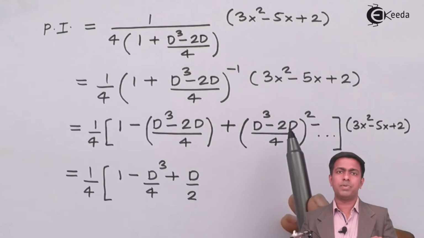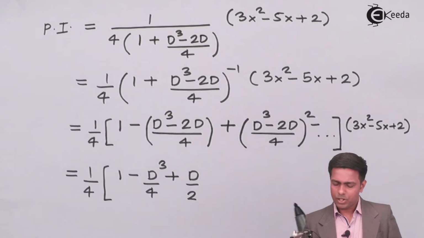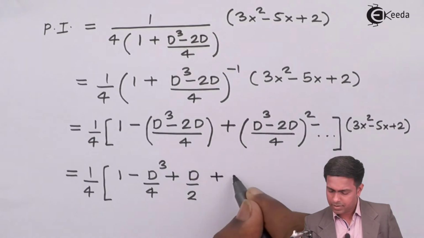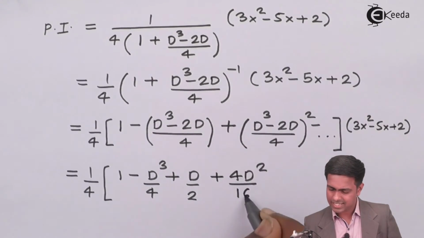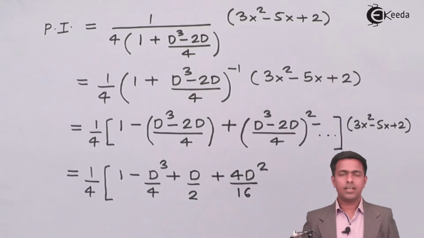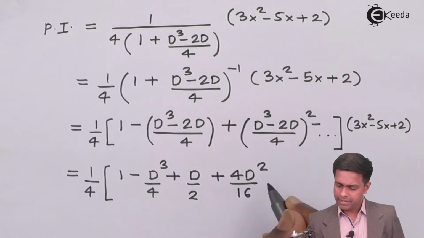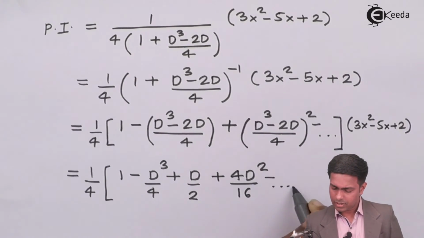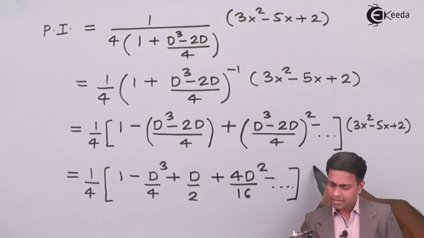And then the last term is b square, that is square of this will be 4D square. So here I'll say it is plus 4D square upon 16 because square of 4 is 16. So that is of my use because we can get the second derivative. Then minus remaining terms, I'll put dot dot dot and the function.